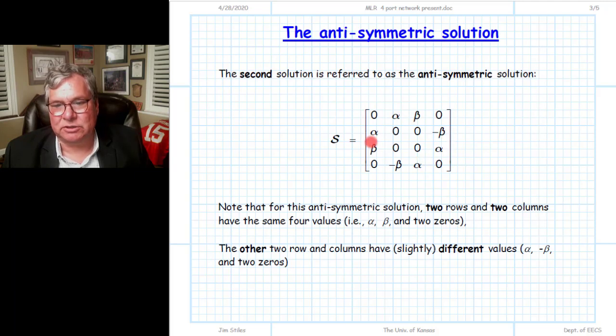But alpha shows up in each of the columns, and then beta or minus beta shows up in each of the columns as well. The other two elements are 0. Again, the diagonal elements here are 0. It's symmetric, and it is unitary, given a constraint on both alpha and beta, as we'll see. Mathematically speaking, alpha and beta can be complex, but generally we write this such that alpha and beta are real values.